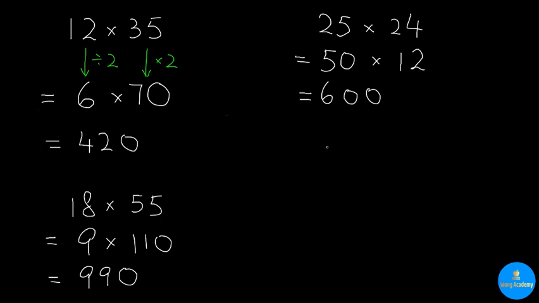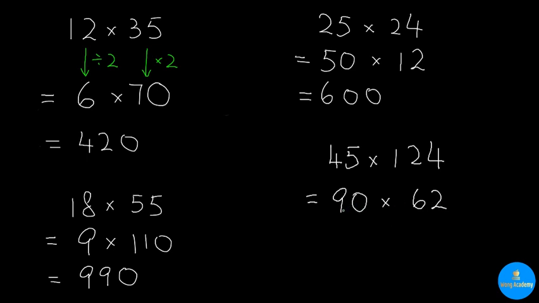Next, let us go for the challenge and work on 45 times 124. Once again, you may pause the video and work on it yourself. 45 will be doubled into 90. As for 124, I will halve it into 62.